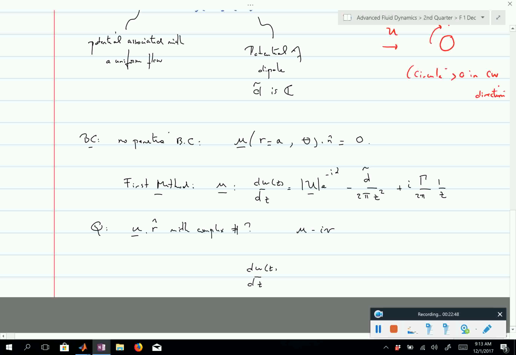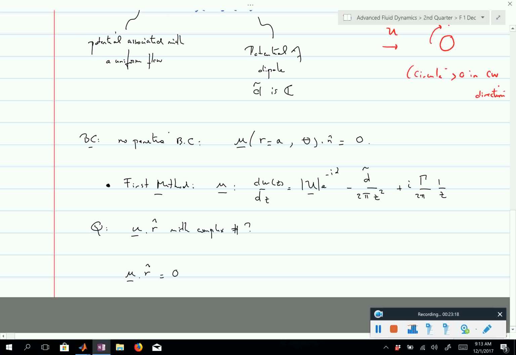Because this is essentially what you have to do. I encourage you, as soon as you're out of this room, to just try it. This is great fun. You will have to impose u dot n equal to 0. Once you've written u dot r with complex numbers, then you can write u dot r equals 0, and then you have the exact same answer as what we had before. So this is the first method.